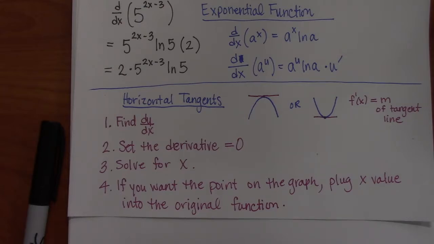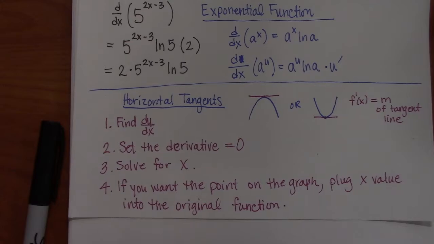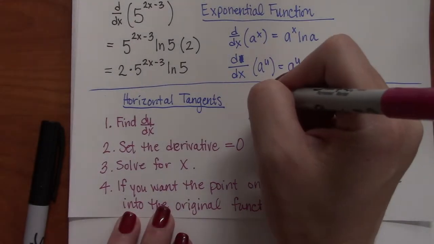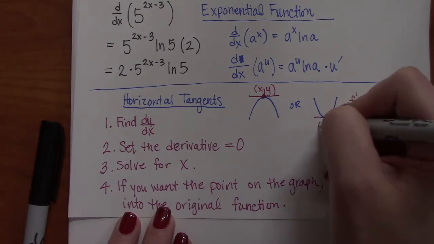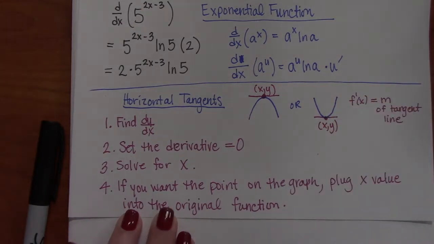The tangent line is just a horizontal line, so that's just y equals whatever the y coordinate is of that point. So that's why we usually say, where on the graph does this occur? You find the locations of the x's where the derivative is 0. Then you plug those back into the original graph, because what you're trying to do in that case is find the actual location on the graph itself of where this is occurring.